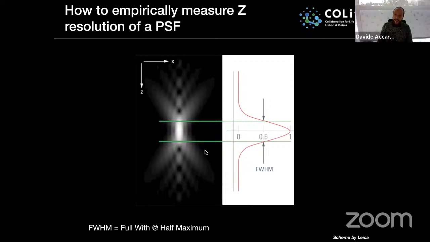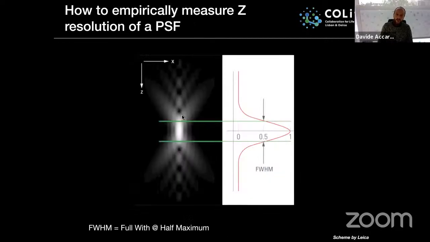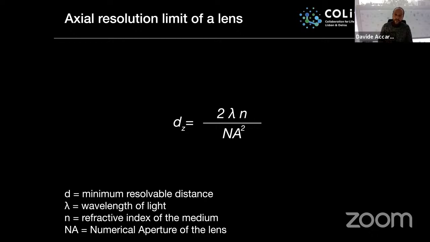This is calculated again with the full width at half maximum. You already know how to do it. And I want to show you here that if you see this, the disk in the Z direction is larger than the disk that we observe in X and Y. And in fact, this is valid for every lens: every lens has a resolving power in Z that is lower than the resolving power in X and Y. There is a different equation to calculate the limit of resolution in Z, which is this one.